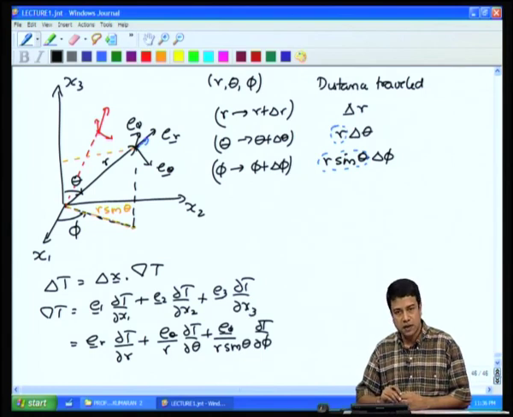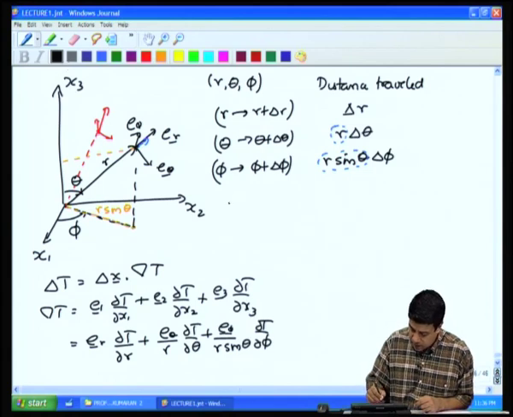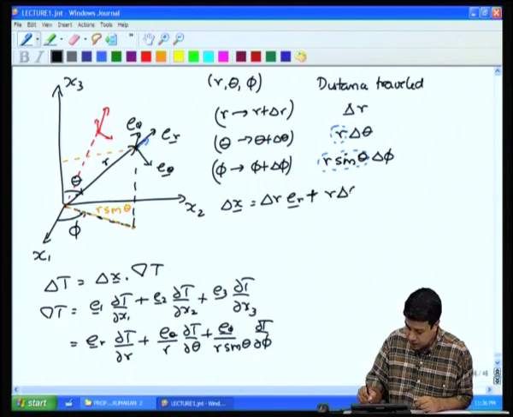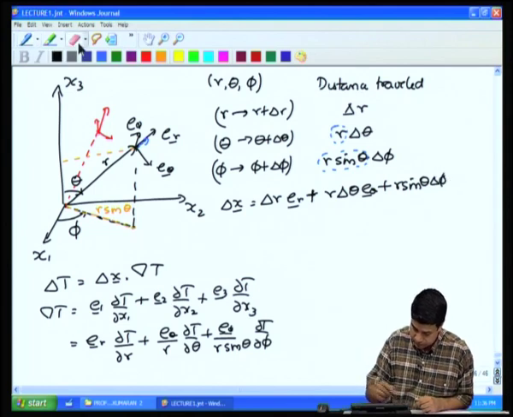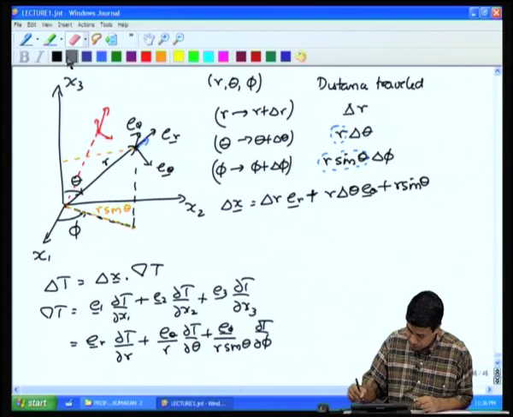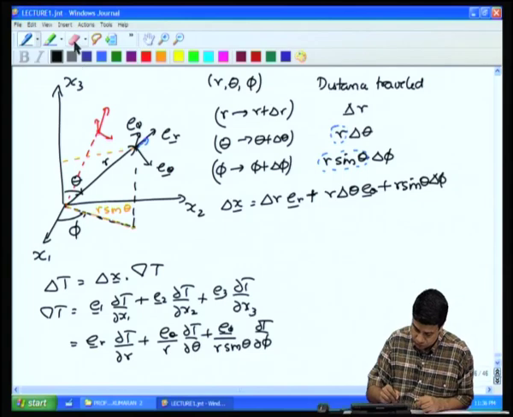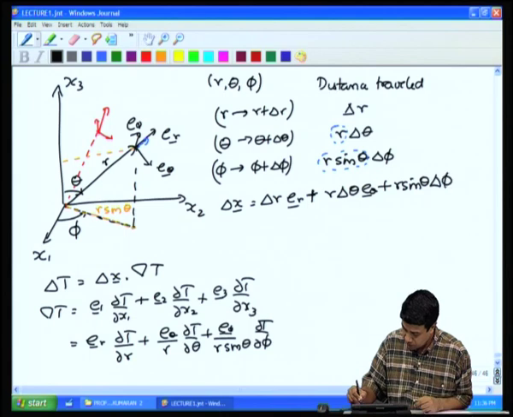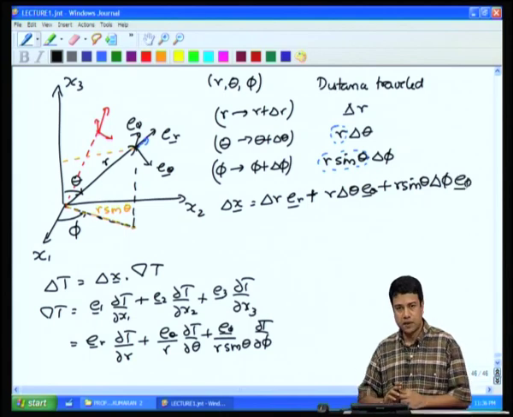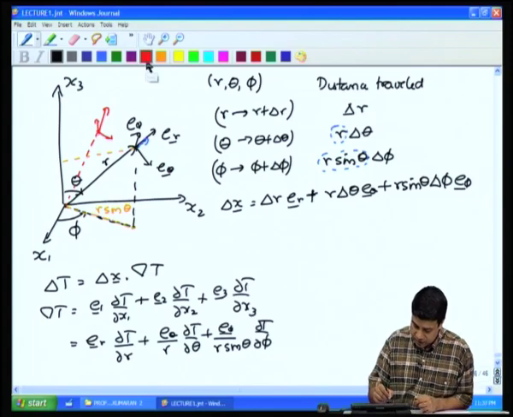And the infinitesimal displacement delta x has to be written as delta r e_r plus r delta theta e_theta plus r sin theta delta phi times e_phi.